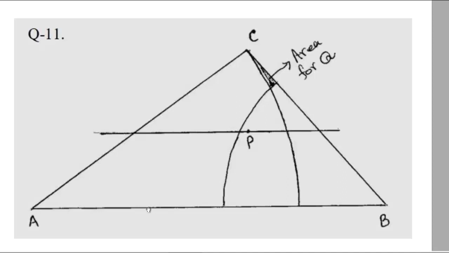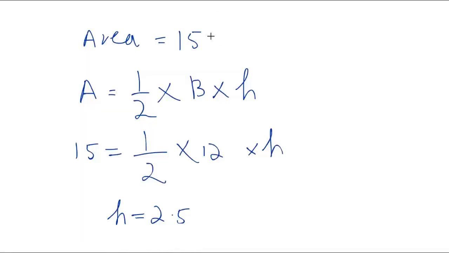It means that the point P will be inside the triangle somewhere. So the triangle formed with the help of this line AB and P will have base AB, and there will be some height. So we have to find that height. As the area is 15 and the area formula is this one, just plug in the values here.